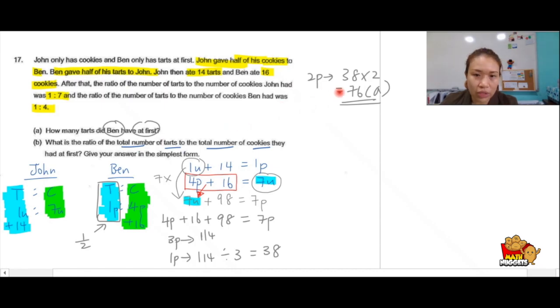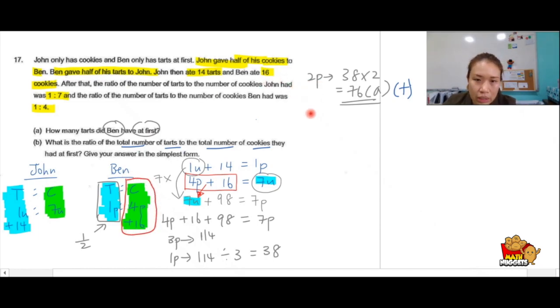Okay, so we have found the tarts already. This is tarts. Now we need to find the cookies. So the number of cookies, this would be half the cookies.